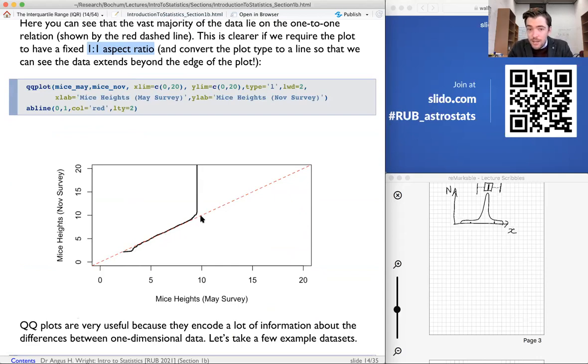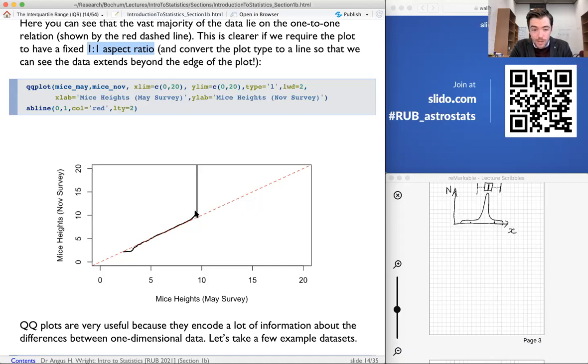That is to say that the quantiles of the May survey are the same as the quantiles of the November survey until you get to very large, until you get to the catastrophic outliers, and that's where it flies off to infinity.